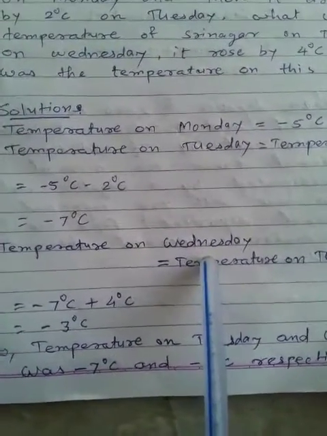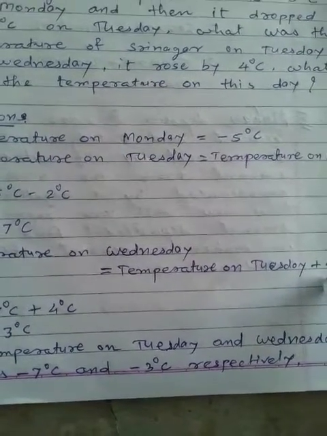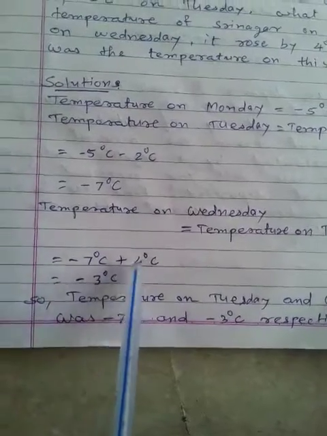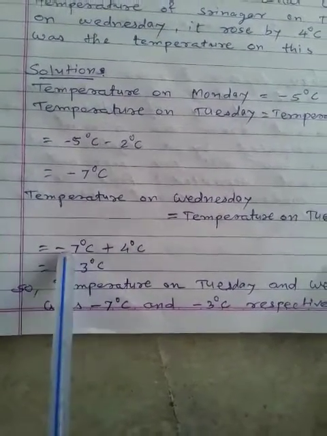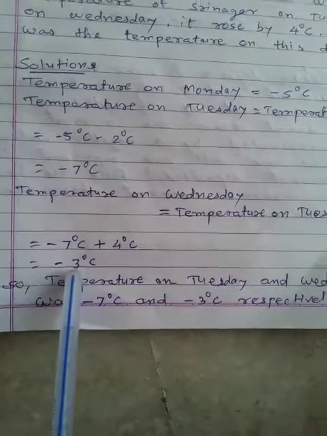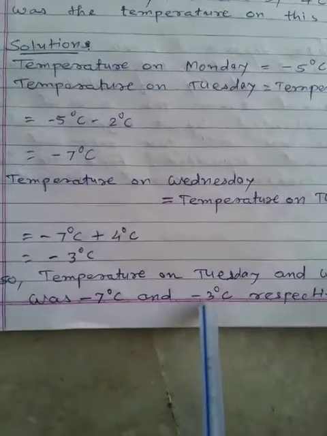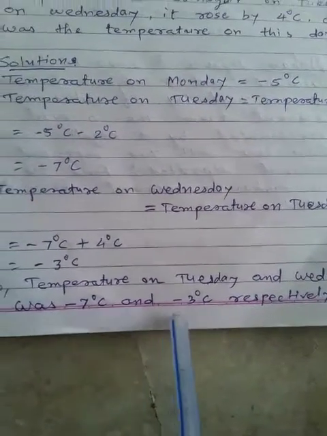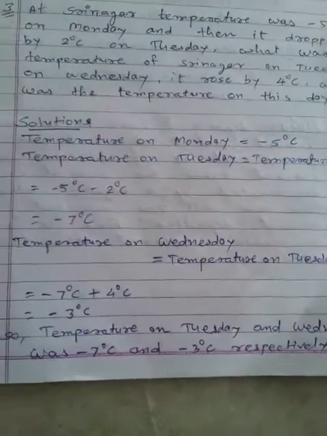Temperature on Wednesday is equal to temperature on Tuesday plus 4 degrees Celsius, which is -7 plus 4. Minus plus, so 7 minus 4 is 3, so -3 degrees Celsius. So the temperatures on Tuesday and Wednesday were -7 and -3 degrees respectively. Okay. Understood this sum?